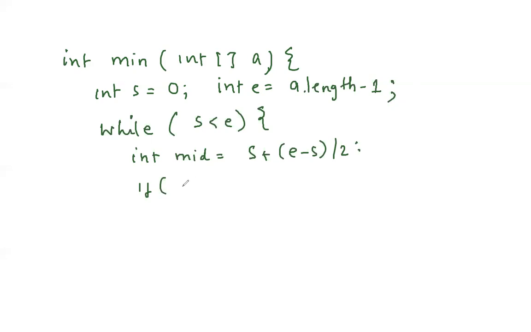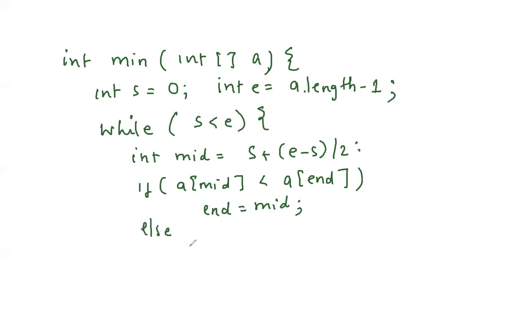We check if A of mid is less than A of end. That means the right-hand side is sorted. That means our end will become mid. Else start is equal to mid plus 1.